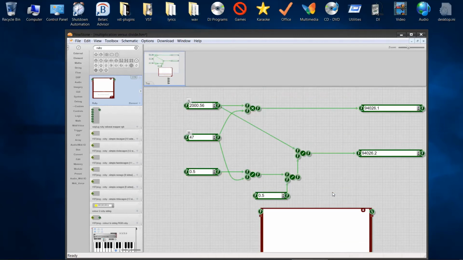I can put 2000.56 into 0.5, in parenthesis, into 47, and then we're going to want to divide that also into 0.5.